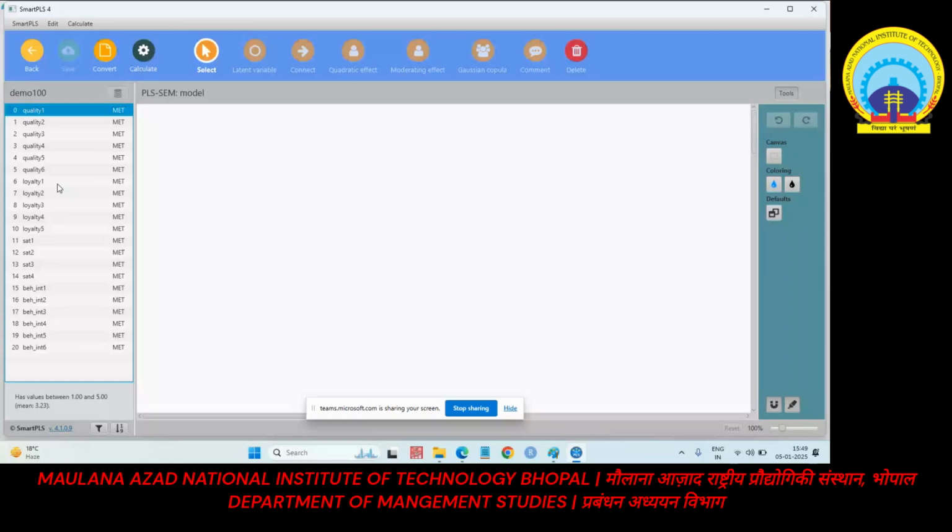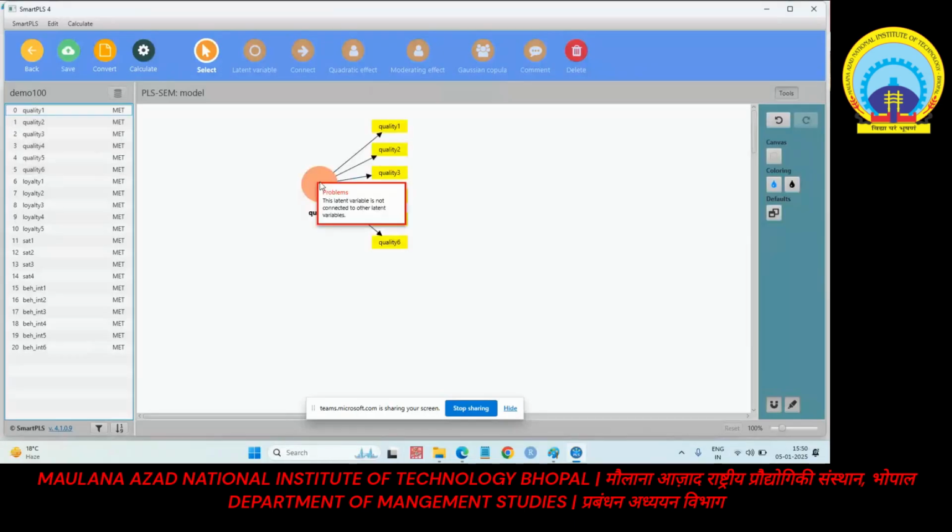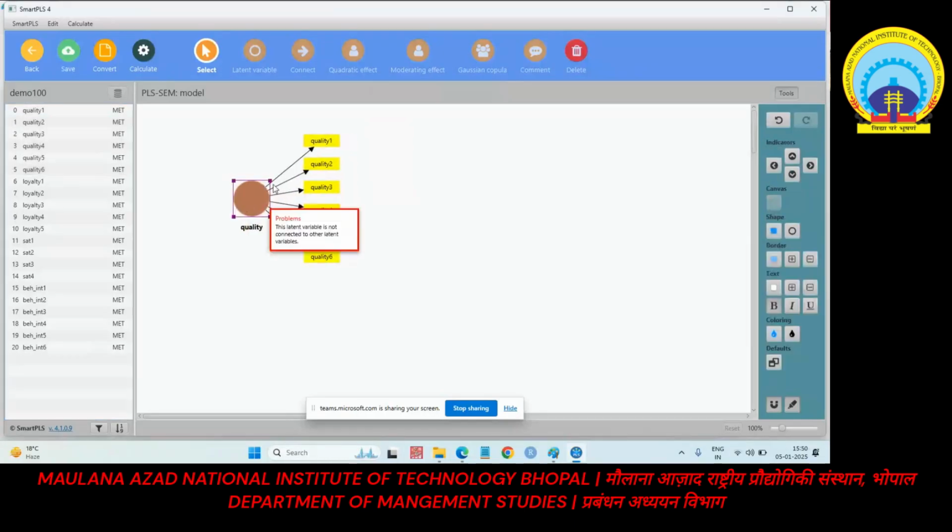You can select them using the control key, like select the first one, then press control and select one by one, or you can just press the first, press shift and the sixth. I hope you know the basic window operations of control and shift, how to choose multiple. Drag it out. The name should be given: quality. By default, it will make a reflective construct. You can change the direction of the items.